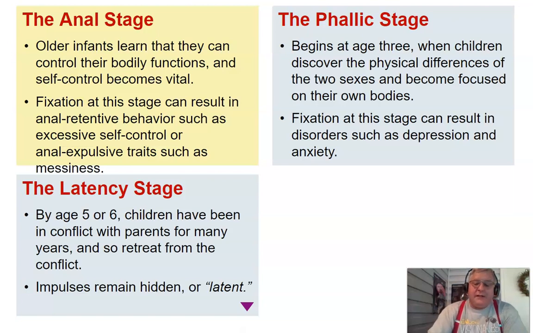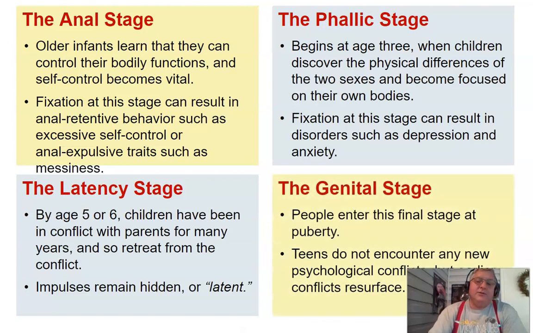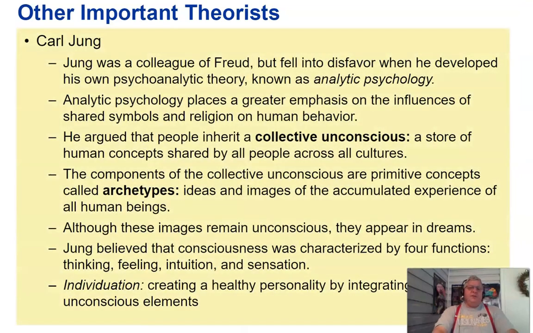Impulses remain hidden and latent, so they start to suppress their urges. The genital stage, people enter this final stage at puberty. Teens do not encounter any of the psychological conflicts, but earlier conflicts resurface. And so that's Freud's stages.